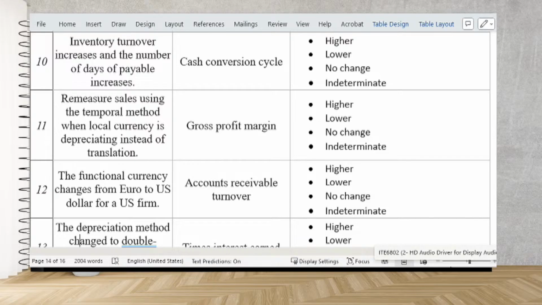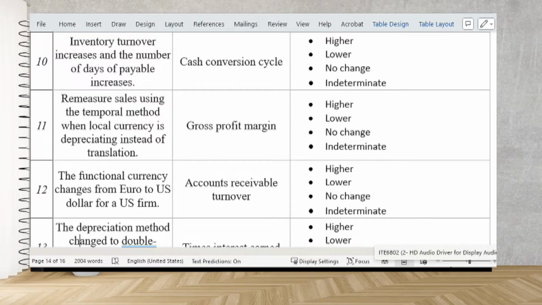In the temporal method, inventory, cost of goods sold, and any non-current assets are maintained at historical cost. Because of that, this is basically lower.